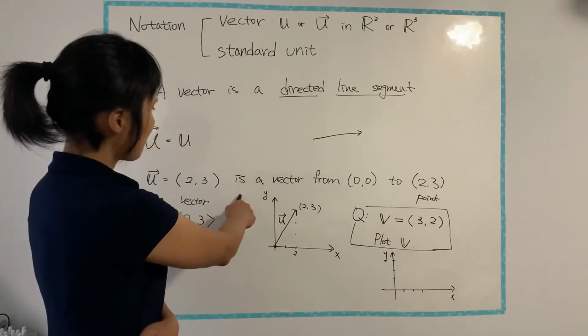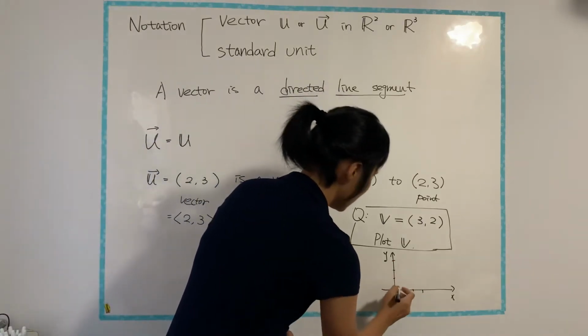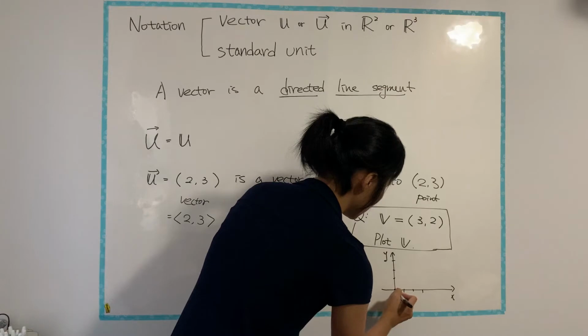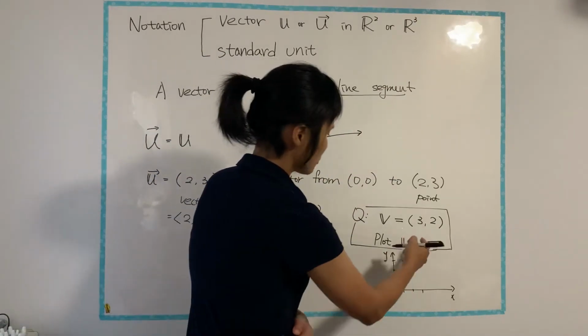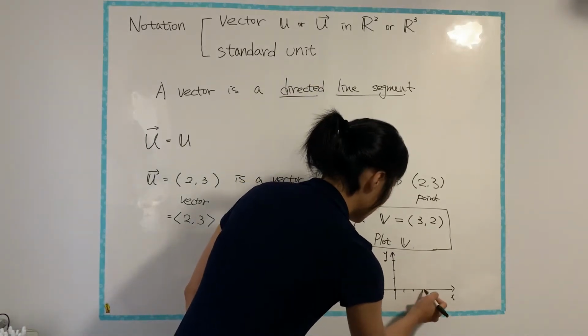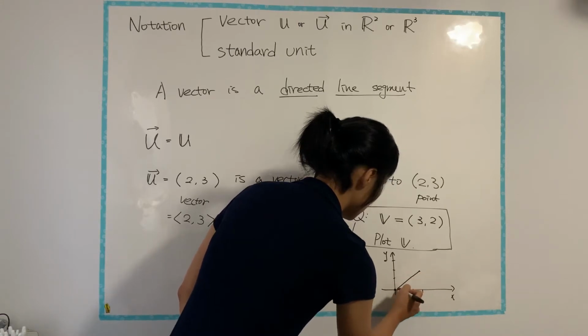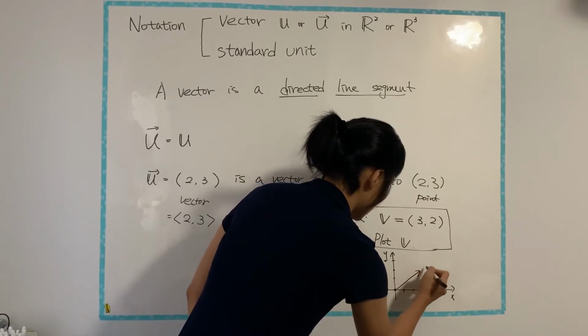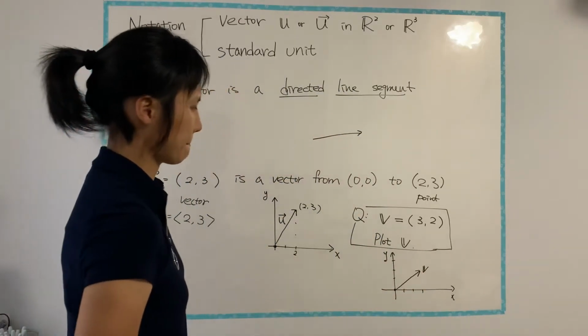So by the definition here, we know v is the vector starting from the origin and goes to the point (3, 2). Where is it? 3 in the x direction, 2 in the y direction. So this is vector v. Okay? Like that.